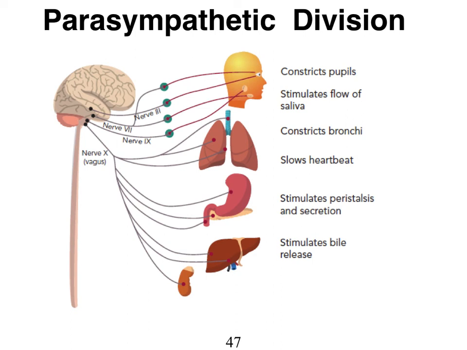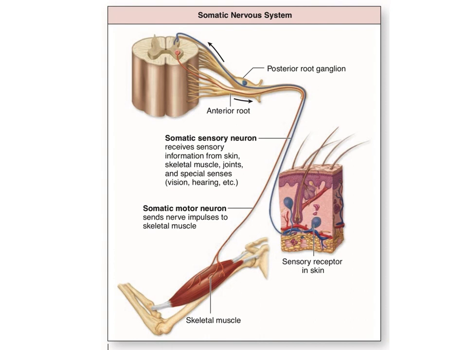Another thing that differs between the somatic nervous system and the autonomic nervous system is the pattern of sensory neurons to motor neurons. This is a complicated diagram that I just thought helped to clarify how the circuits of neurons work. If you look in the bottom right, there's a pink rectangle which represents a piece of skin that has a sensory receptor in it.